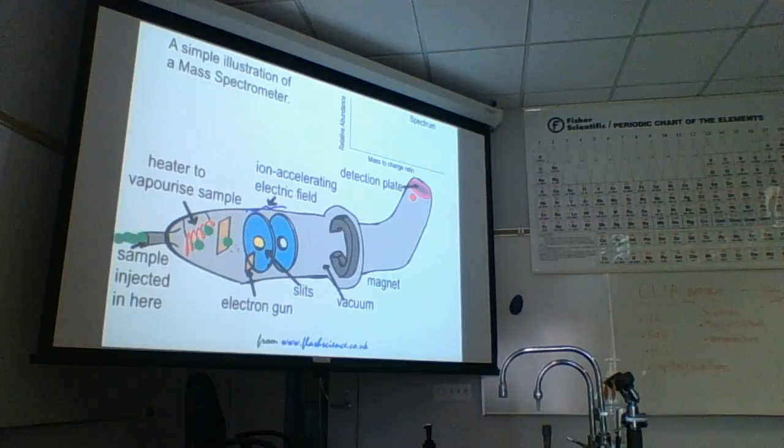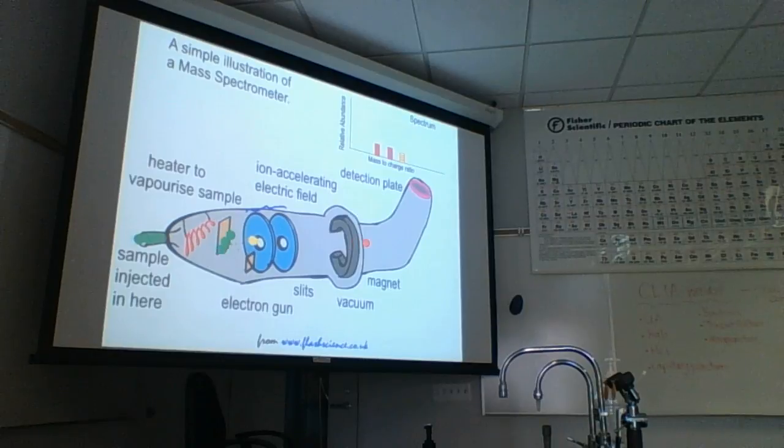In the copper color you see 2 rectangles. The one at the bottom is the electron gun. It's an element which is heated and generates electrons which are attracted towards the capture plate, the larger of the copper-colored rectangles. This produces a beam of fast-moving electrons. Entering at the bottom left, you see the sample represented with green spheres. If it's not already a vapor, your sample will have to be heated to create a vapor.